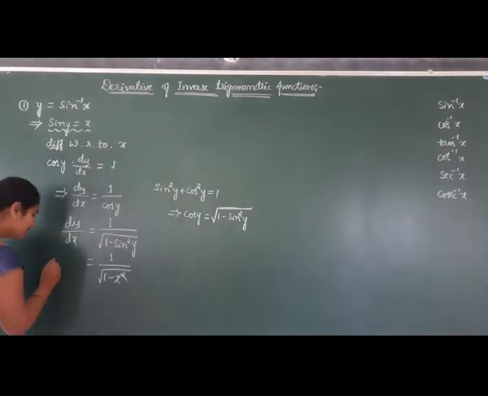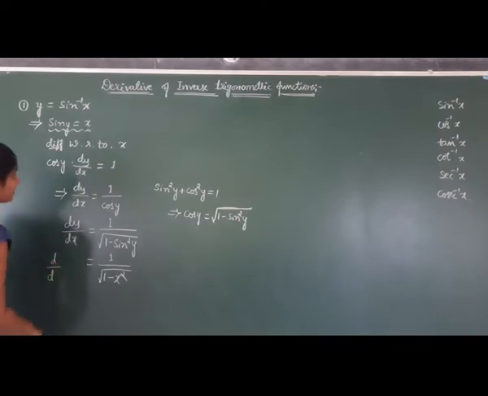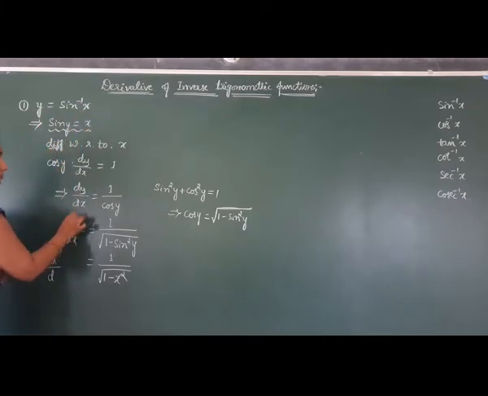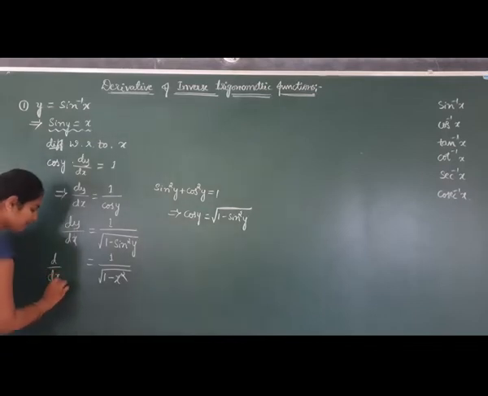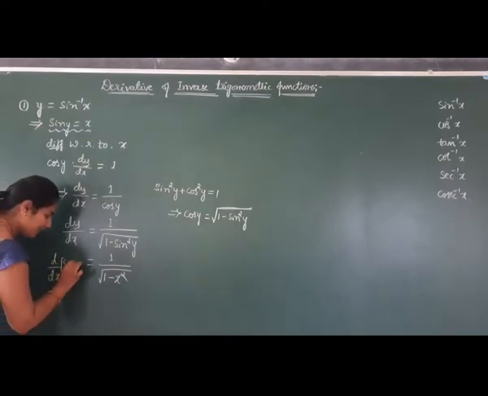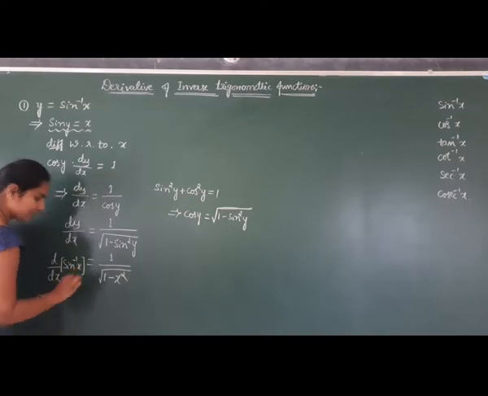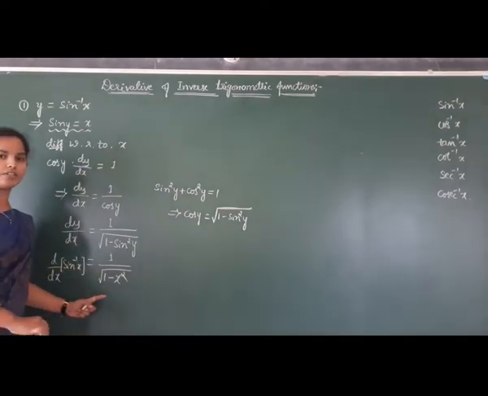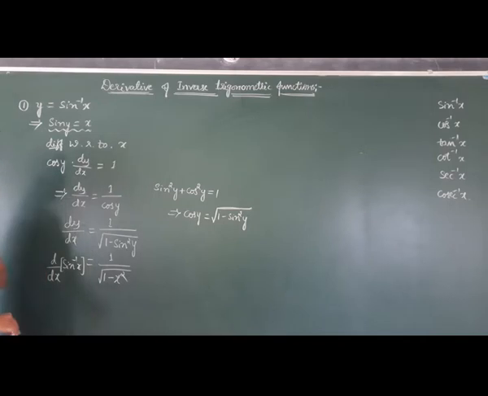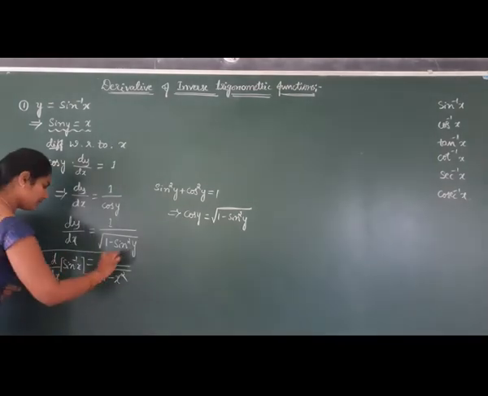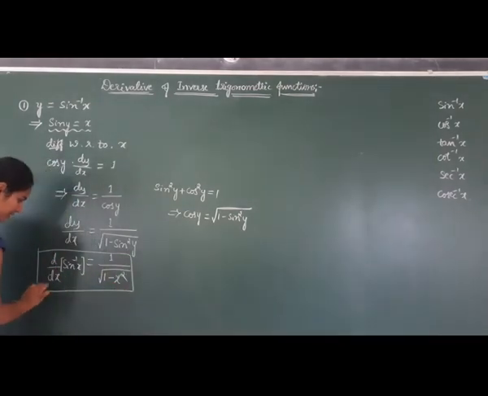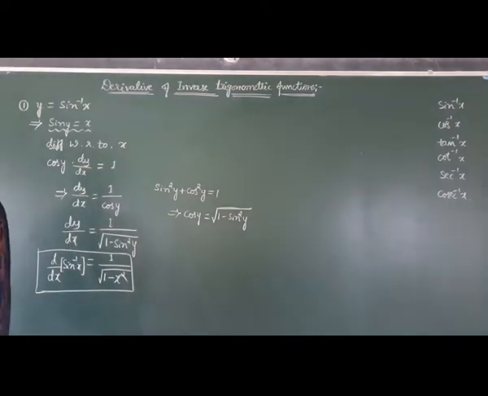That is the derivative of what? y, which is sin inverse x, right? So now I will replace y by sin inverse x. Then derivative of sin inverse x is 1 divided by square root of 1 minus x square.